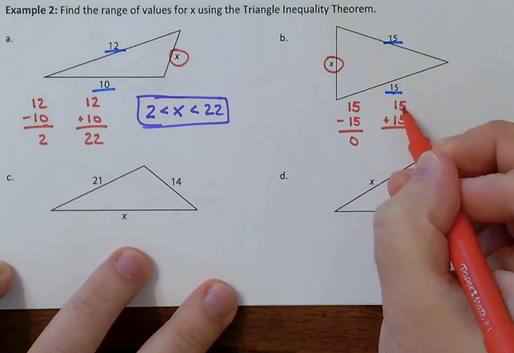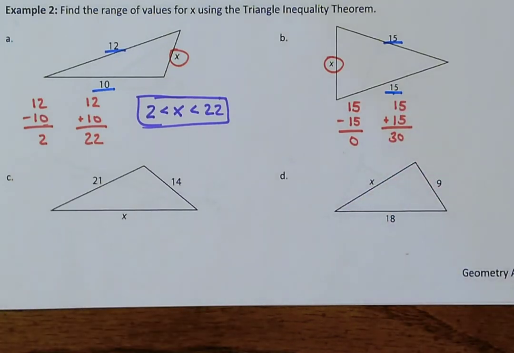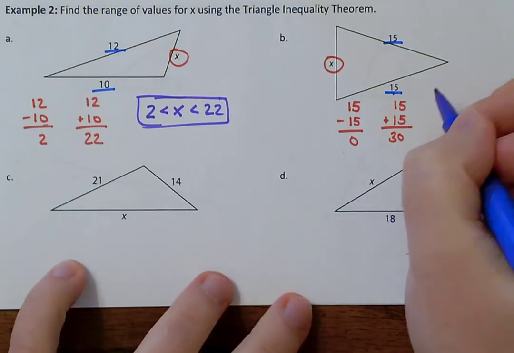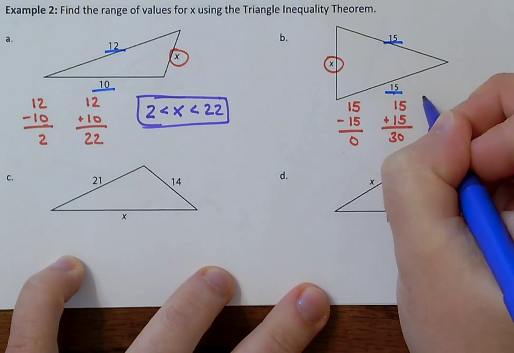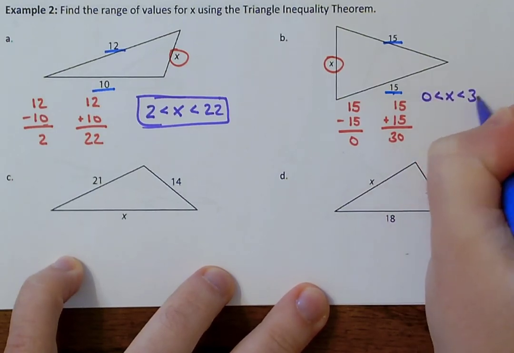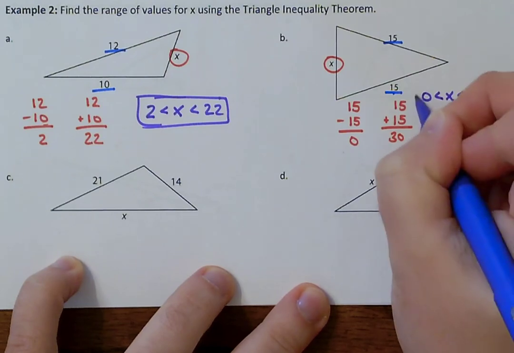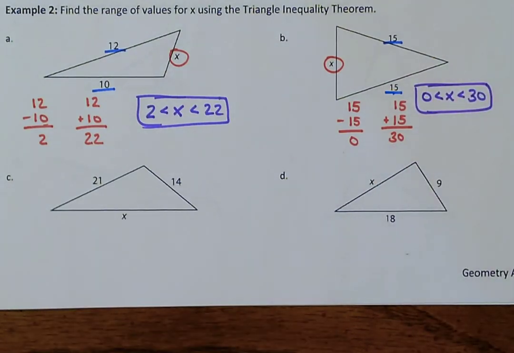And if we do 15 plus 15, we end up with 30. So 15 minus 15 gives us the 0. 15 plus 15 gives us our 30. So my range of possible values for x would be 0 is less than x, which is less than 30. And that is my answer for part B.